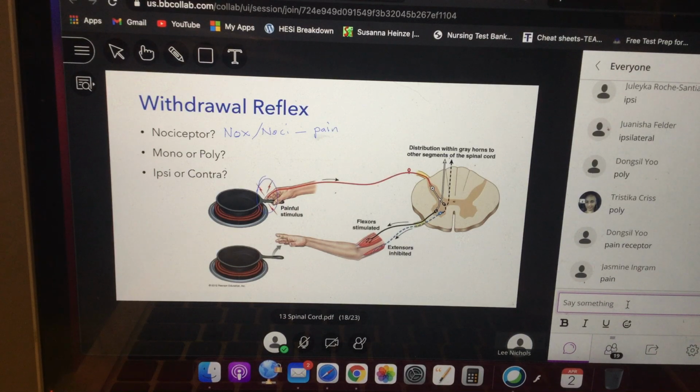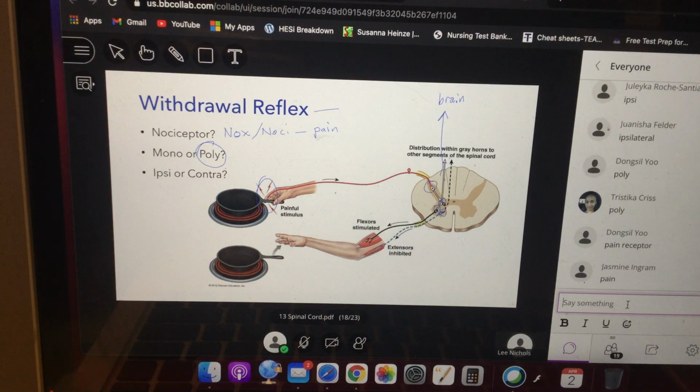It's a sensory receptor that sends pain information back to the spinal cord. And it's got the afferent neuron. Notice that it is polysynaptic. One synapse, two, three, four, multiple synapses, because again, with pain the brain needs to know about it, just in the event there was some kind of damage.